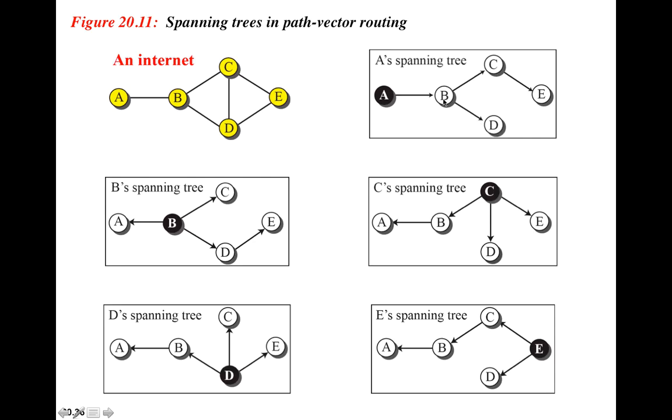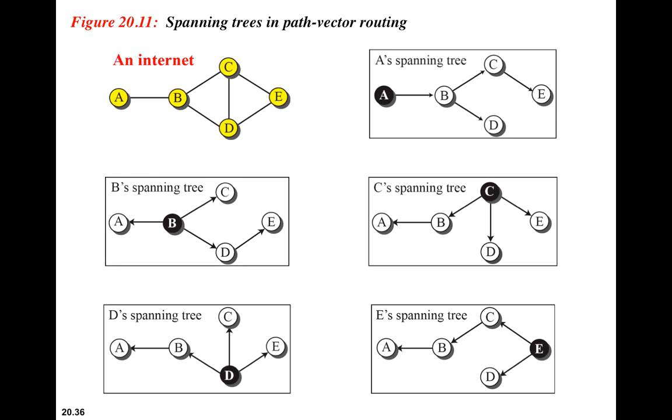We are avoiding the information to flow through D. Similarly, in B's spanning tree, we are avoiding the information from flowing through C. So all information to E will instead go through D. So in this way, every node has applied its own policy.